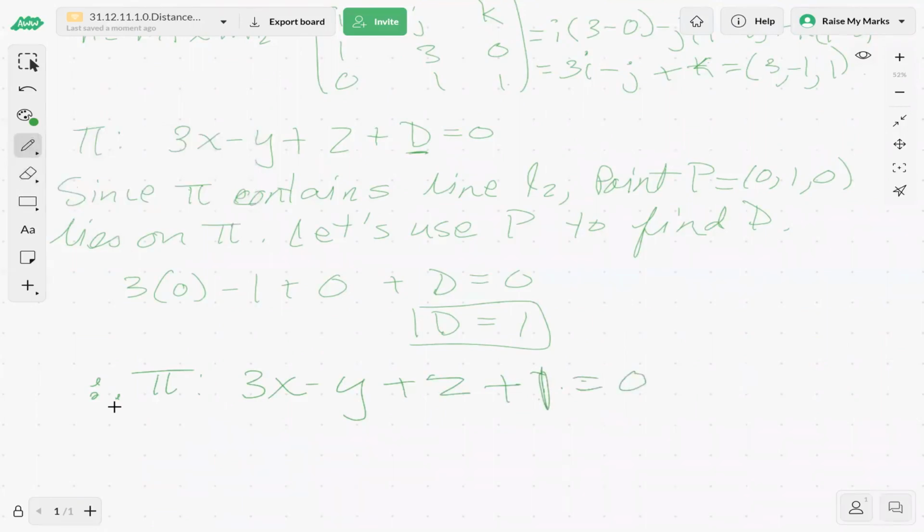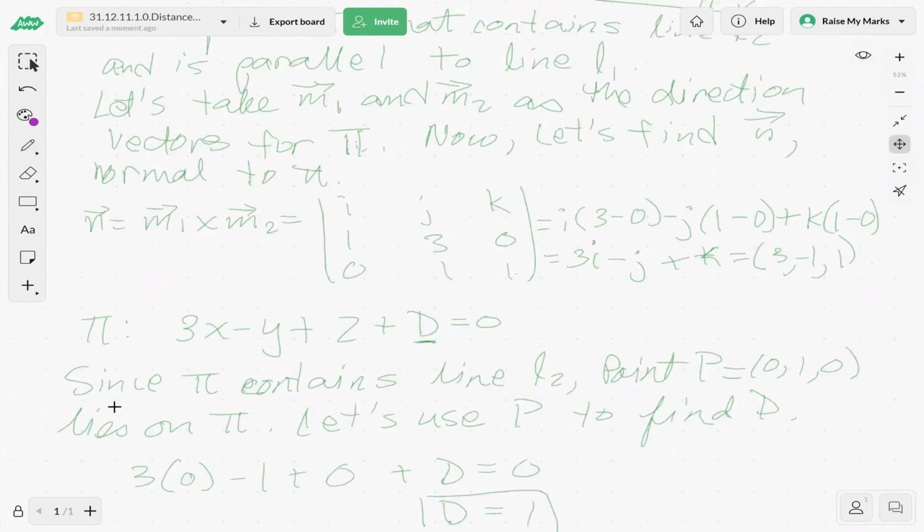This is our plane. Now we can use our formula to find the distance from line 1 to line 2.